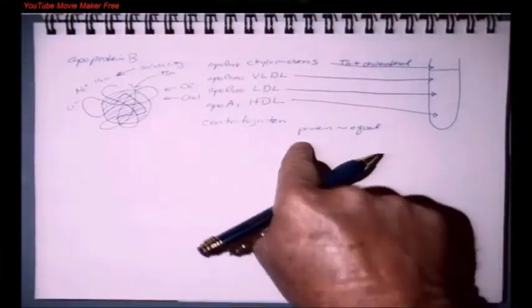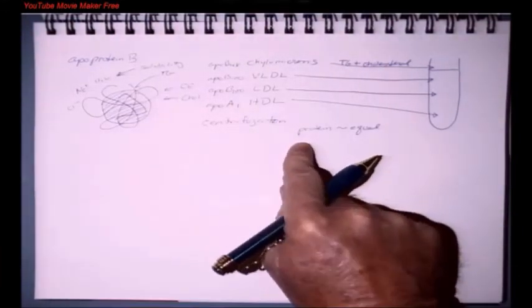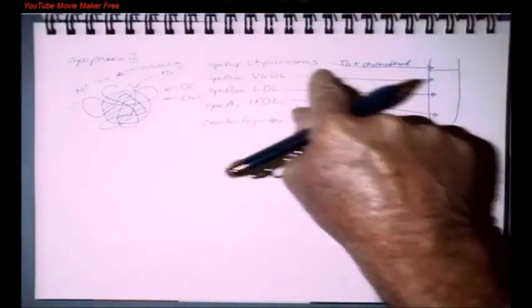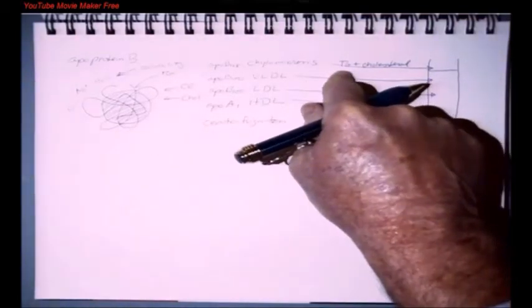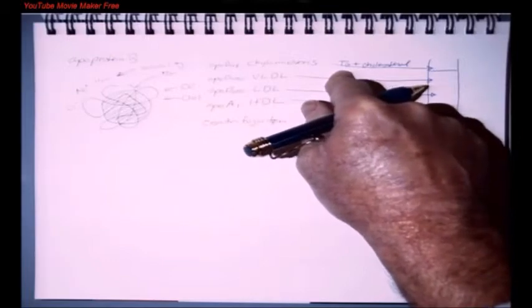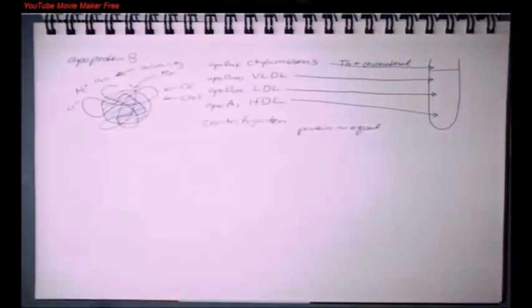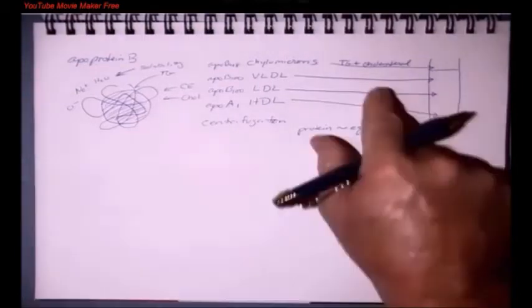Now, if all the protein is equal, chylomicrons have more lipid component. So if you put lipid in a water solution, does it float or does it sink? It floats. So that means lipids are more buoyant, less dense than water.